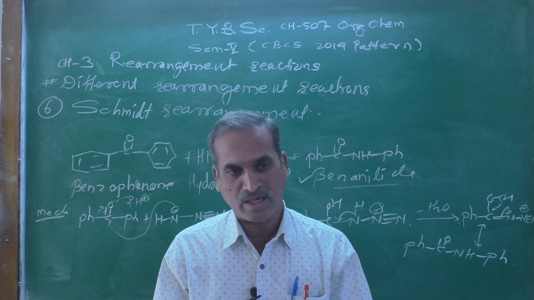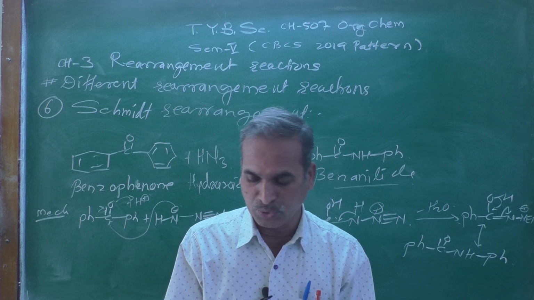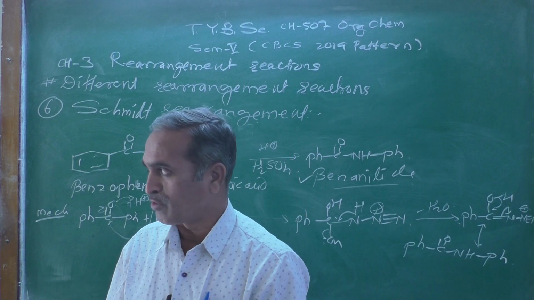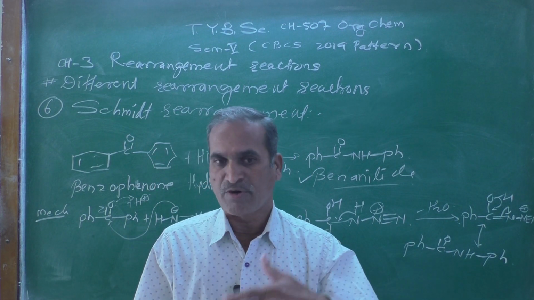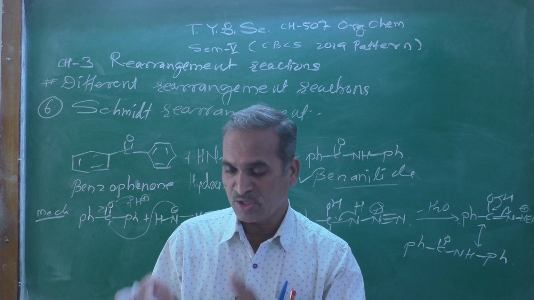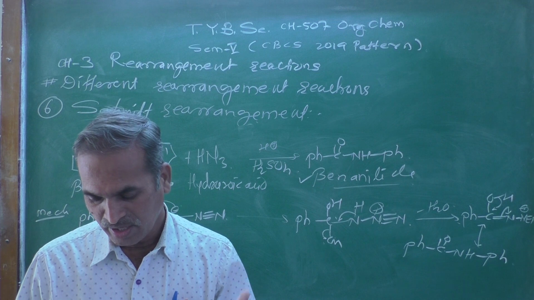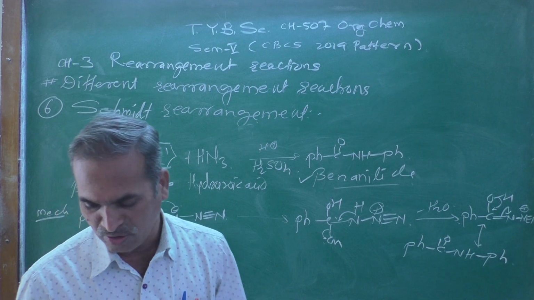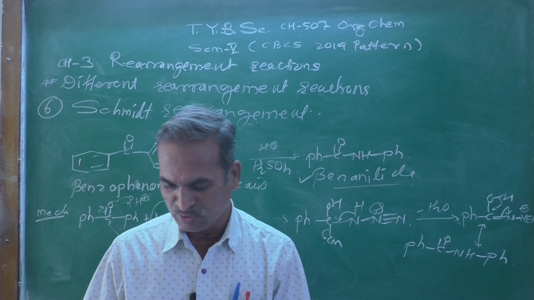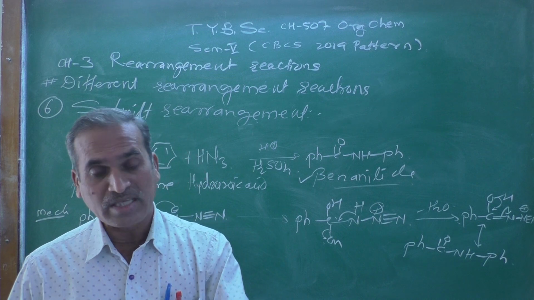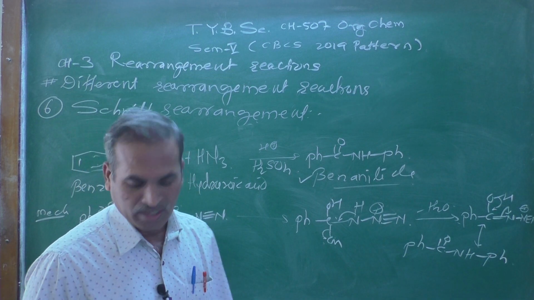Remember once again the migratory aptitude, and the force behind that migration, which we already learned in so many rearrangement reactions. And here the acetophenone Schmidt reaction gives acetanilide in 77% yield.